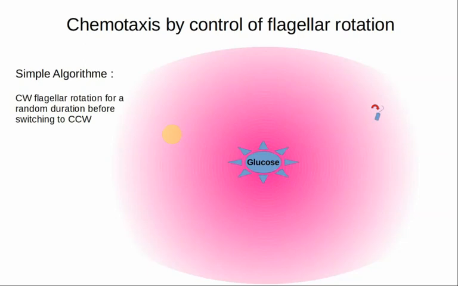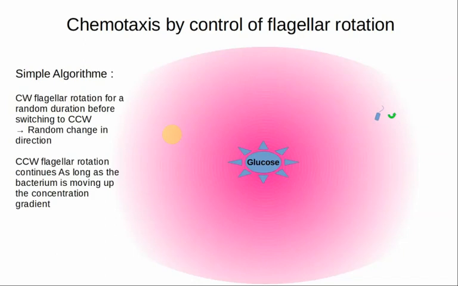So it's going to start moving in a straight line because the flagellum is now turning in a counterclockwise sense. And as long as the bacterium is moving up the concentration gradient, that is, getting closer to the glucose, the flagellar rotor is going to carry on spinning in the same sense.